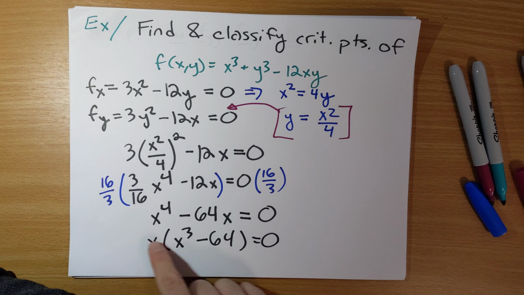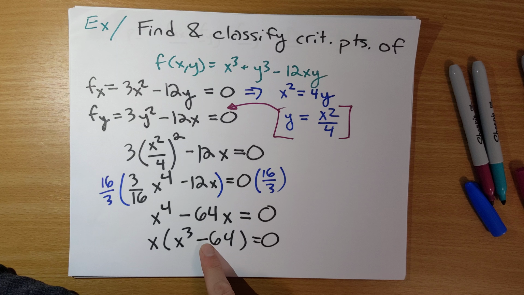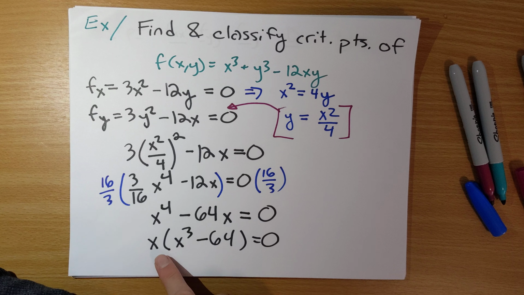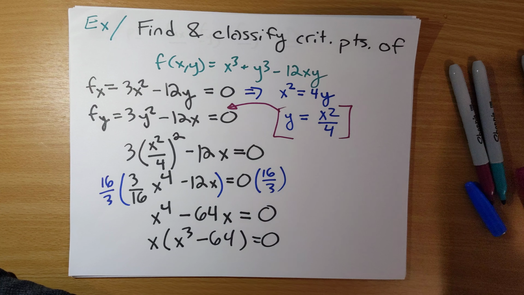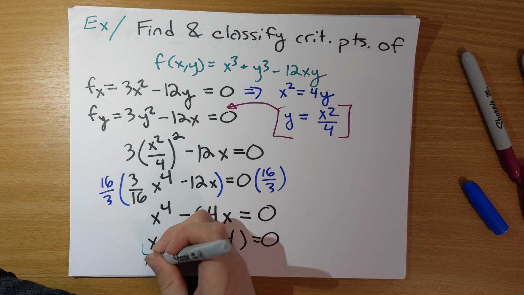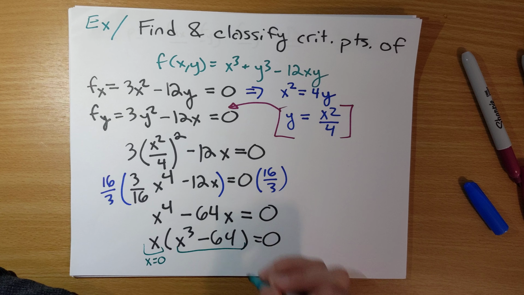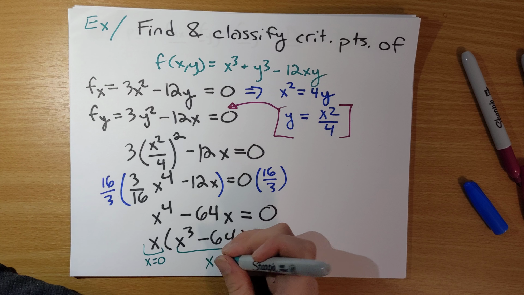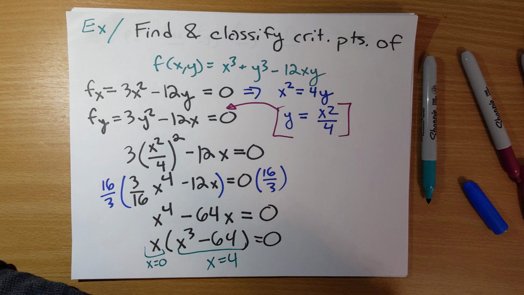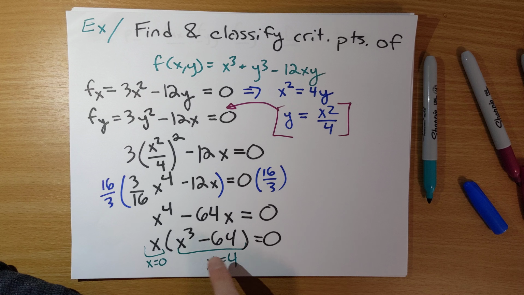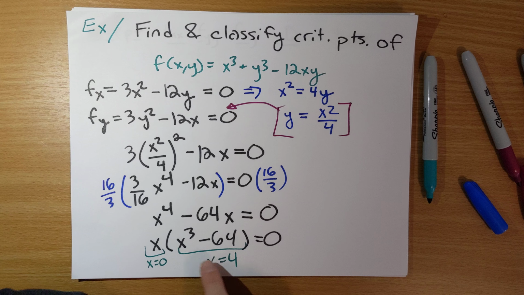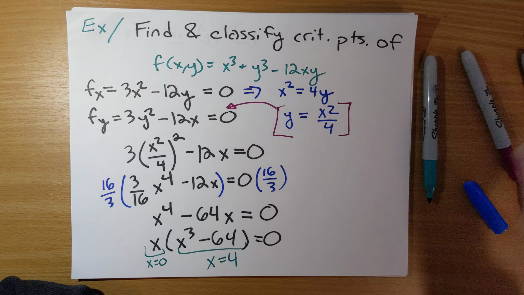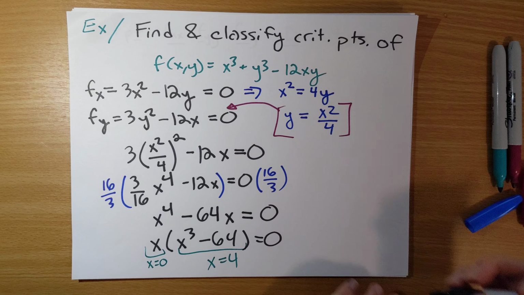And we end up with 2 solutions here. So one solution is going to be when x is equal to 0. And the other solution, the only real solution of this, is going to be x is equal to 4. So, okay, we figured out x is equal to 0 and x is equal to 4. Now, what are the corresponding y values?